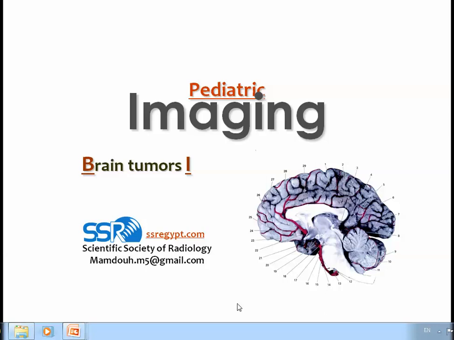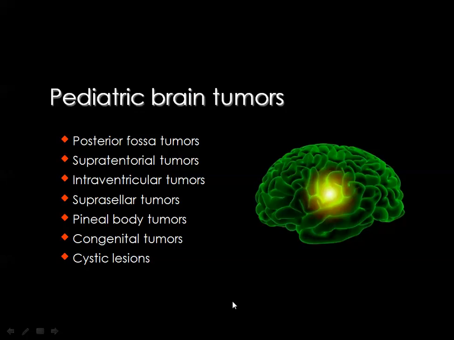And these are the issues we would like to expose. The first one is the posterior fossa tumors, then the supratentorial tumors, then intraventricular tumors, then the suprasellar lesions, and pineal body tumors, congenital tumors, and finally we have the cystic lesions, which are considered tumor-like lesions.